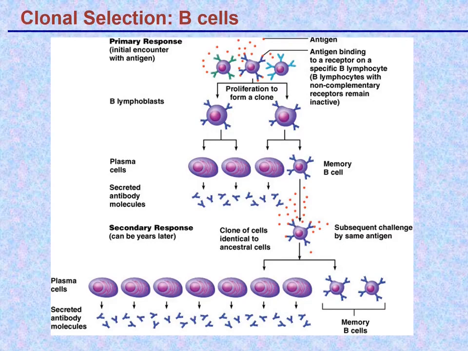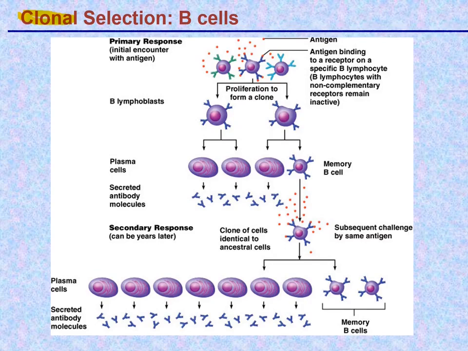Now, what this means is that out of all the different unique B cell clones that you produce out of your bone marrow, there's going to be a tiny number that can respond to a particular foreign molecule, and essentially you select the right clone.